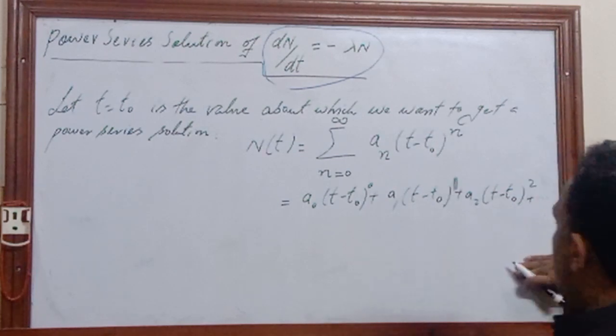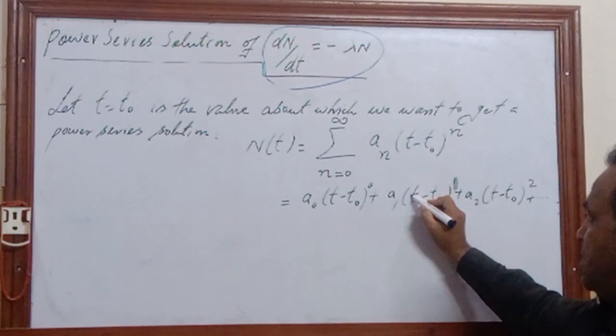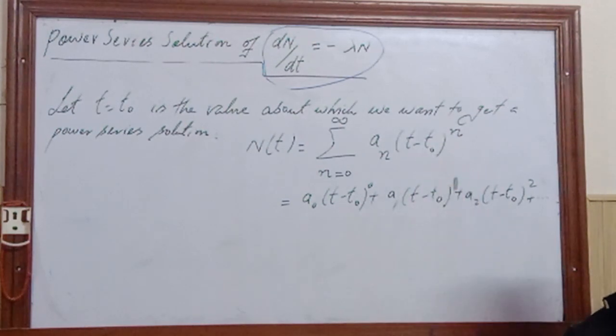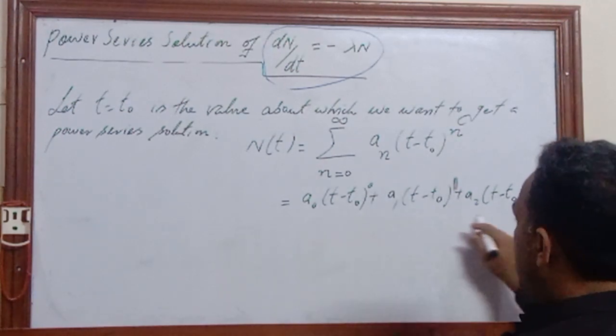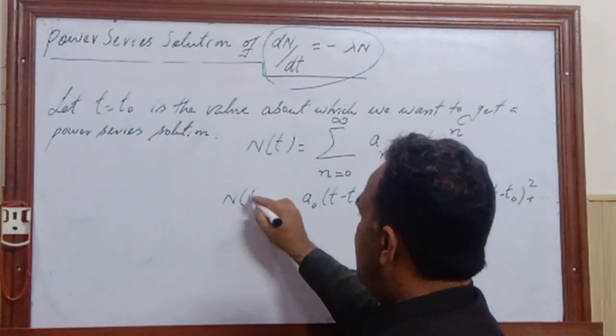Okay, right. So this is a power series. In the case of a power series, we have to decide a certain value of the independent variable in the vicinity of which we want to find a power series solution, right? So this is a power series for the dependent variable N in terms of time t.